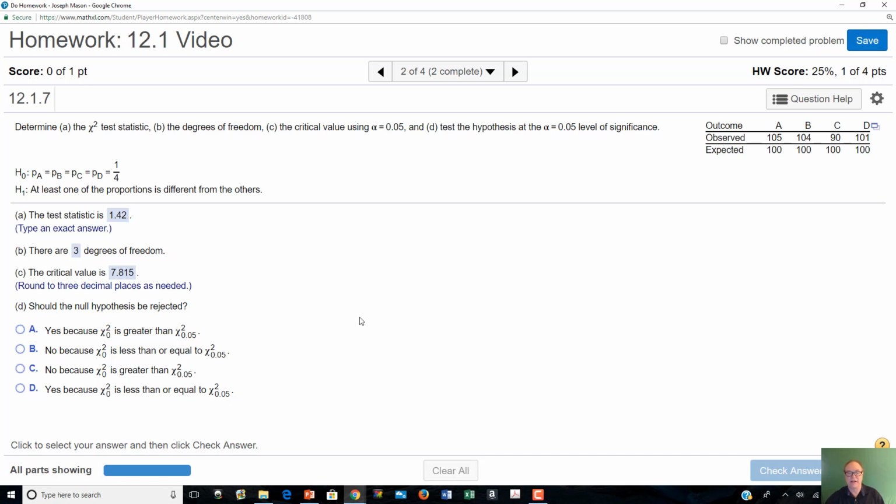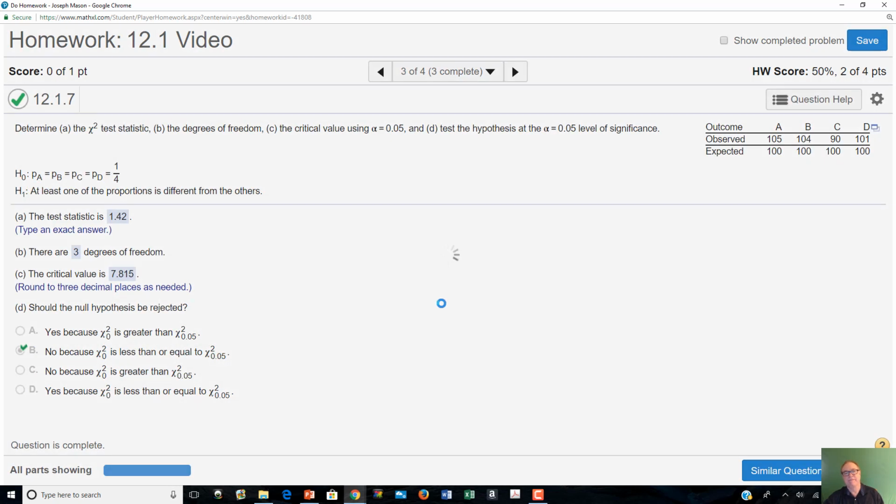It's less than the critical value. So, since it's less than, we are not going to reject, because the critical region is when you're greater than. This is always a right-tailed test. Goodness of fit is always a right-tailed test. So no, because chi-square naught is less than or equal to chi-square of 0.05. So we're not going to reject.